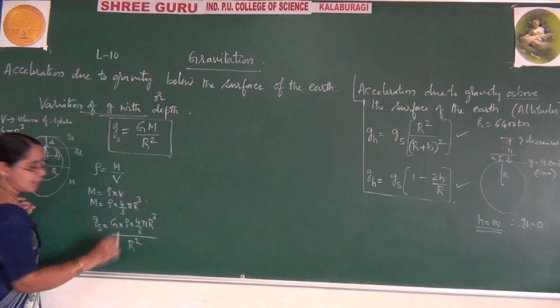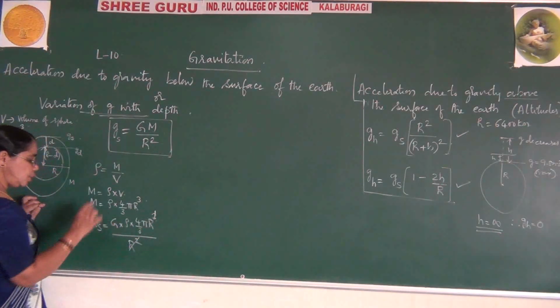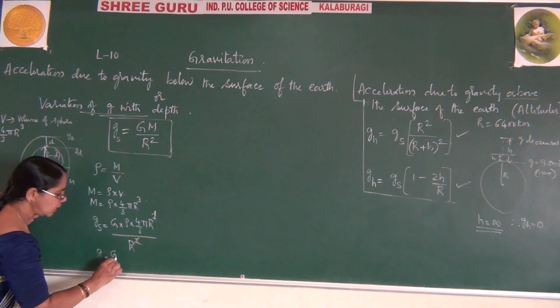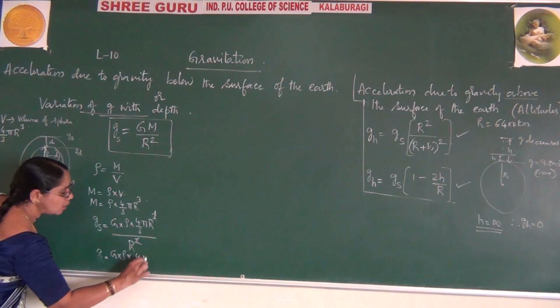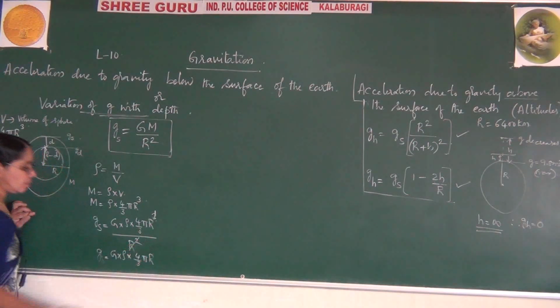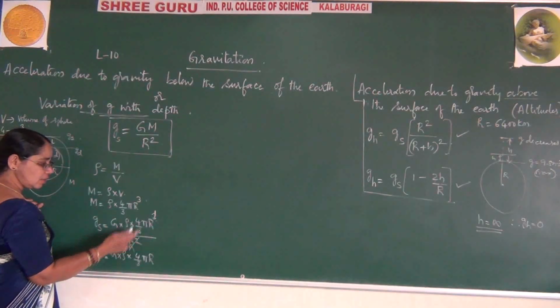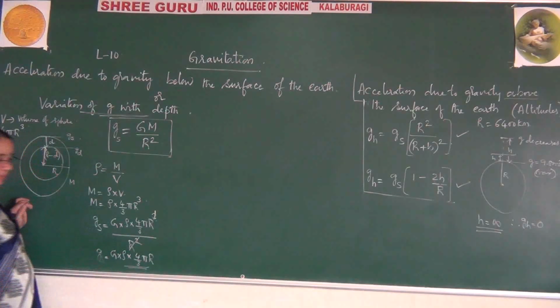As it is, I should write. Now if I cancel this, then g_s is equal to G into rho into 4 by 3 pi r, because already two r's are cancelled and only a single r is left. This is for the surface.